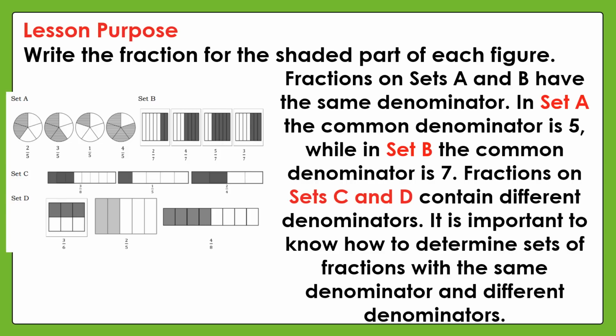In set A, the common denominator is 5, while in set B, the common denominator is 7. Fractions on sets C and D contain different denominators. It is important to know how to determine sets of fractions with the same denominator and different denominators.